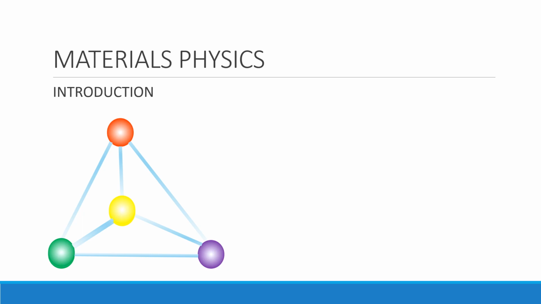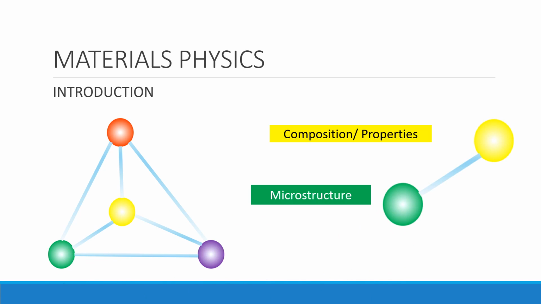In our case, we are going to focus more on materials physics, even if, as I have just told, it's not always so easy to define the boundaries between materials chemistry and material physics, for instance. In any case, we are going to concentrate on composition, properties and microstructure, and see how both aspects of the materials are related to give us the materials we normally use.